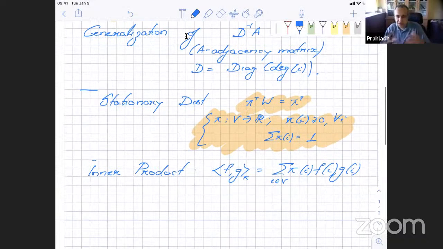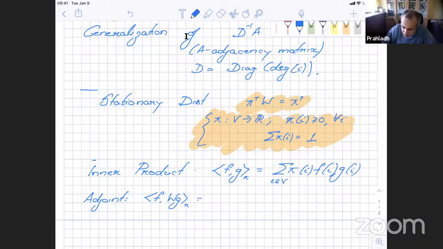Then we wanted to understand when such random walks have a full spectral decomposition. For that, we needed the notion of an adjoint. We looked at the W star satisfying the adjoint relation with respect to the pi inner product.